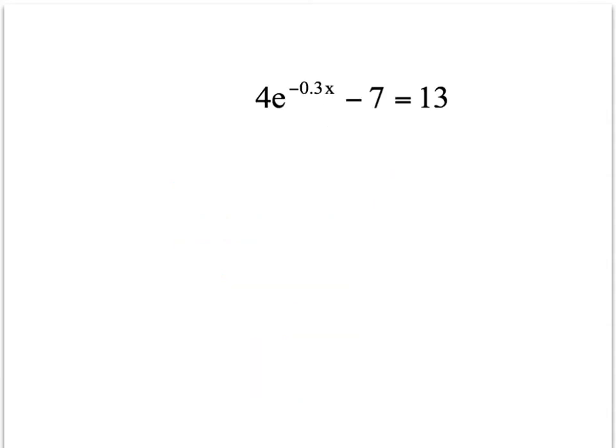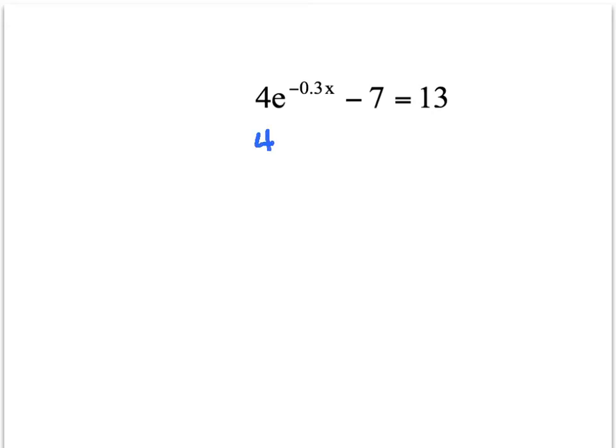In this example, I have 4 times e raised to the negative 0.3x minus 7 being equal to 13. Very first thing I want to do, I want to get e raised to the negative 0.3x sitting by itself. So I'm going to add 7 to both sides of the equal sign.